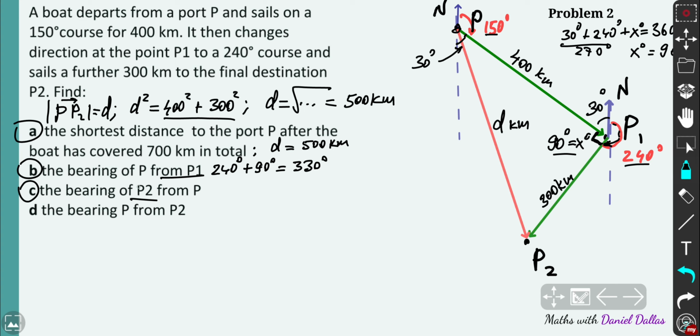So what we're going to do, we need to find the bearing. So the bearing will represent 150 degrees plus this small angle. Let's set it up as Y. So in our case, the bearing of P2 from P will represent 150 degrees plus the small angle Y within the triangle. Okay, so we need to find angle Y within the triangle, and that's the primary goal.